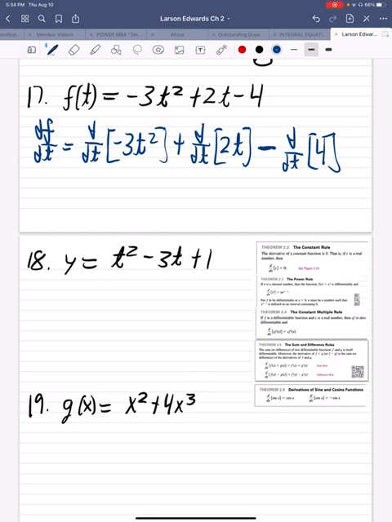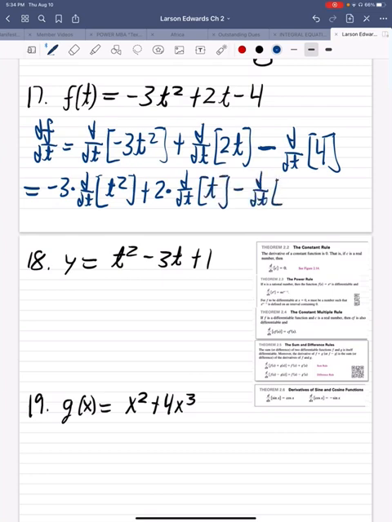So what happens now? This first term takes advantage of the constant multiple rule, so we know that we can write negative 3 times d dt of t squared plus, again, the constant multiple rule, 2 times d dt of t minus d dt of 4.